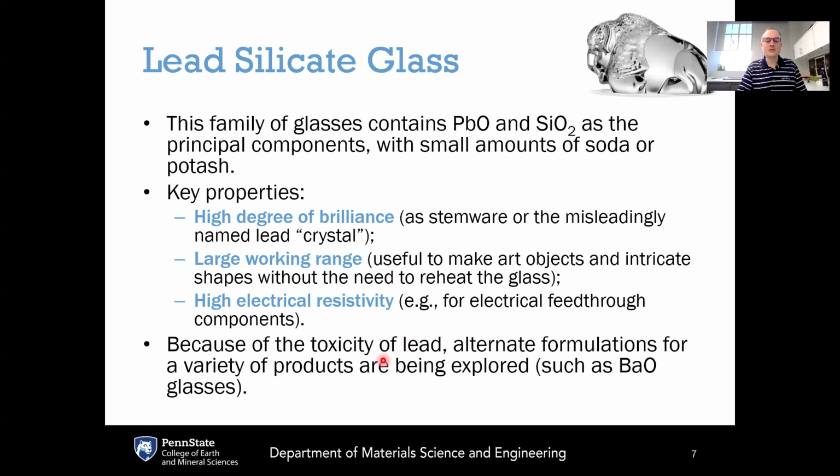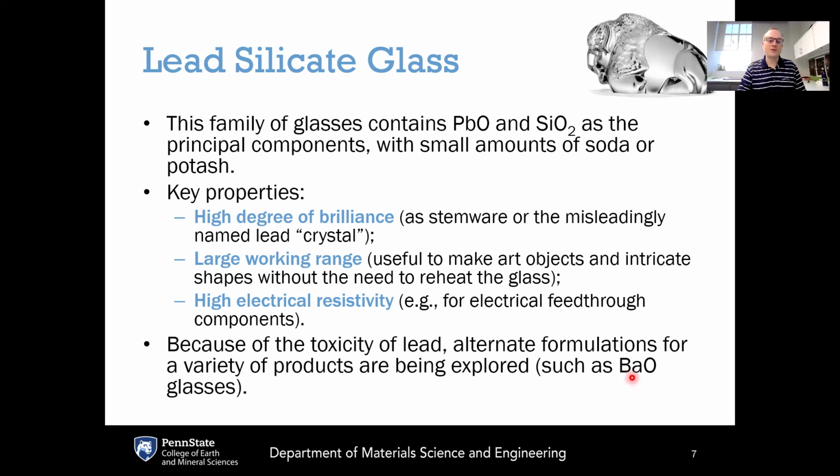And as a result, many of the companies that make crystalware investigate alternative formulations that don't involve using lead silicate. The best replacement for lead oxide would be barium oxide. So barium is mostly non-toxic and it has maybe perhaps a small degree of toxicity, but nowhere near the level of lead oxide.